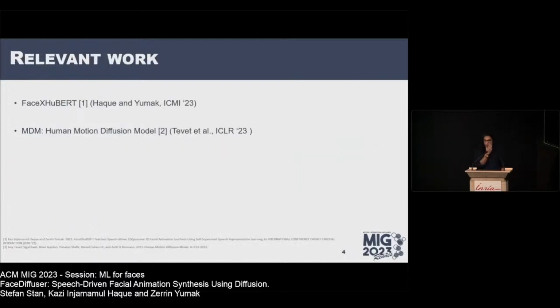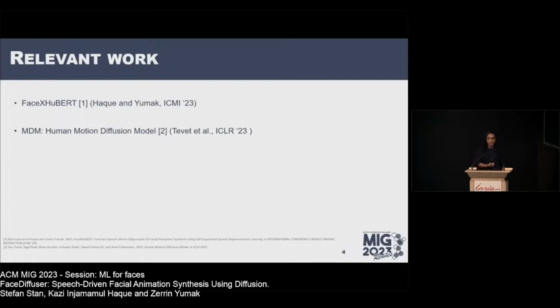There are two most relevant works that I want to highlight, from which we took inspiration to come up with FaceDiffuser. Firstly, FaceXHubert. We took inspiration from FaceXHubert in terms of the end-to-end audio-driven facial animation, but since it is deterministic, we took inspiration from MDM, the Human Motion Diffusion Model.